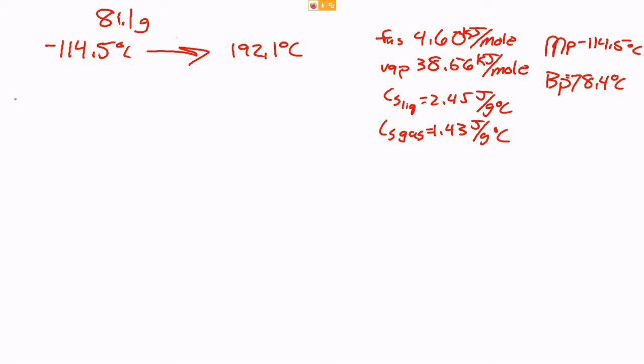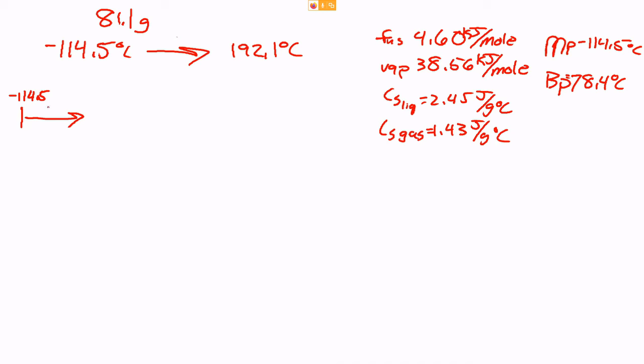So we're starting here at negative 114.5, and we're going to heat it up until we completely melt it. It's starting frozen, so we have to heat it up to melt it.